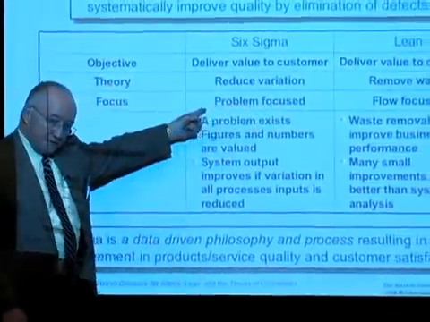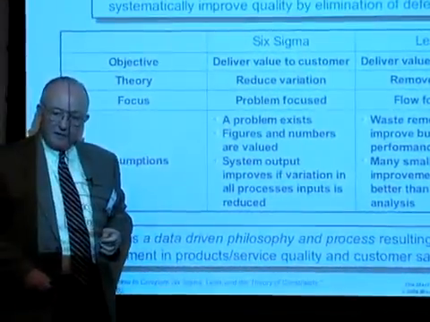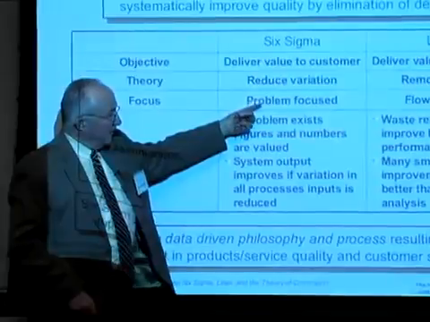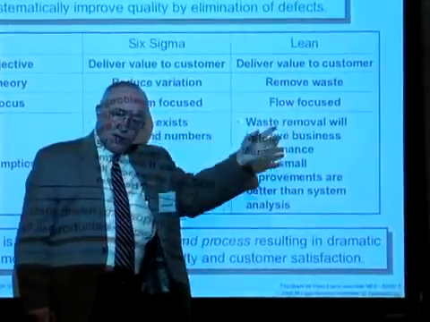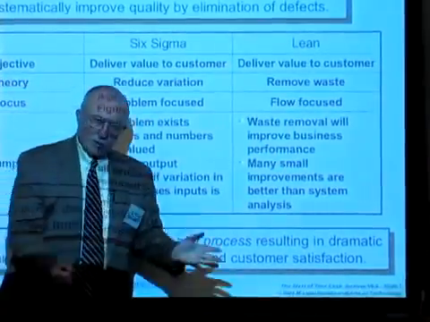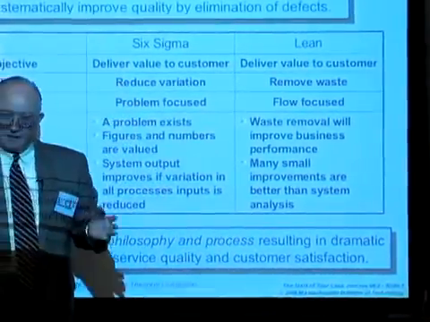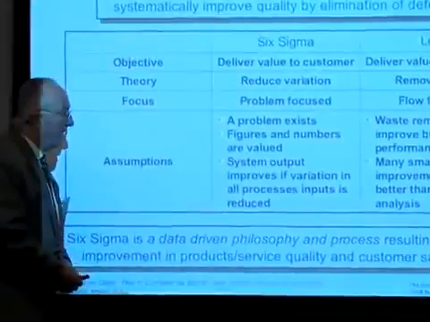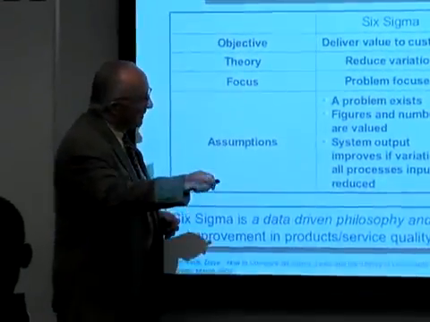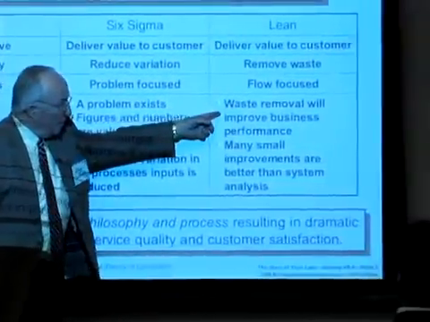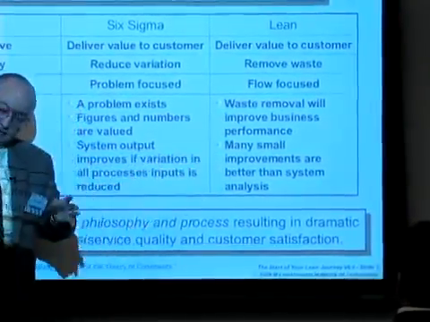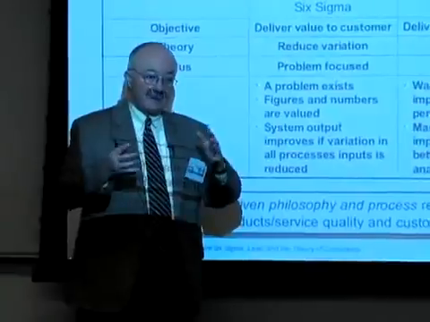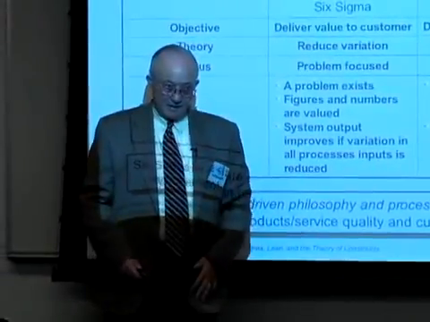Six Sigma is focused on those issues of variation that are causing a problem. We focus on the flow, and you're going to hear the term pull versus push and so forth as we go through this. And we're trying to get rid of the waste to improve the business performance.